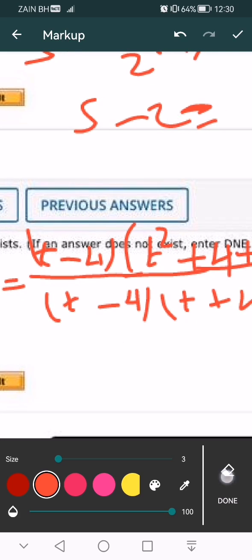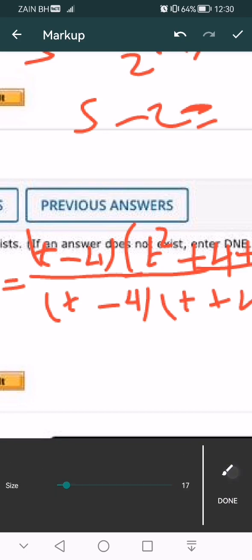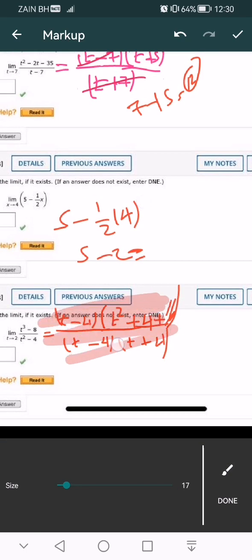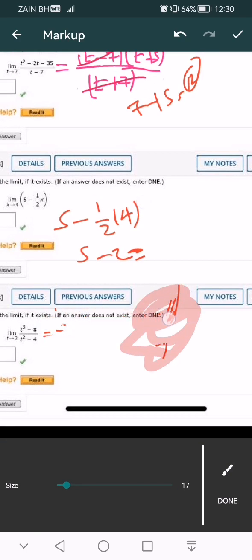Perfect square. Sorry, 2 here, 4. Yeah, I have to replace one. Not 4, 2 again.